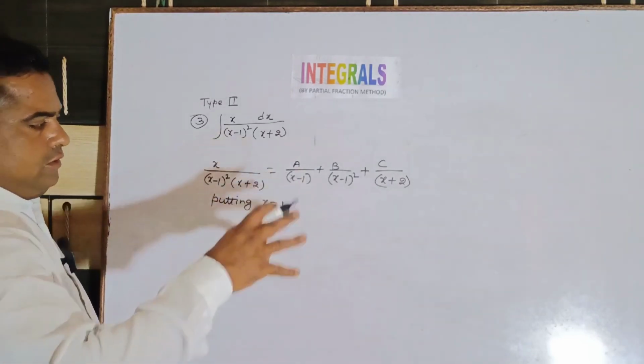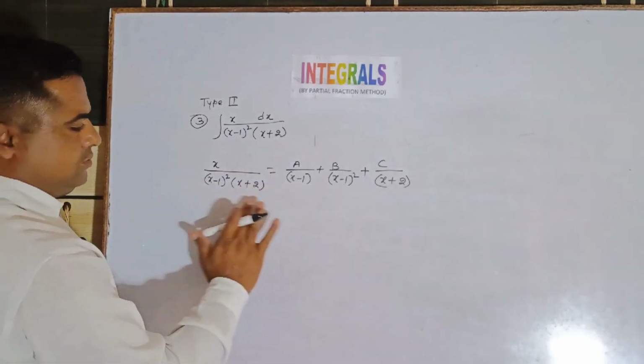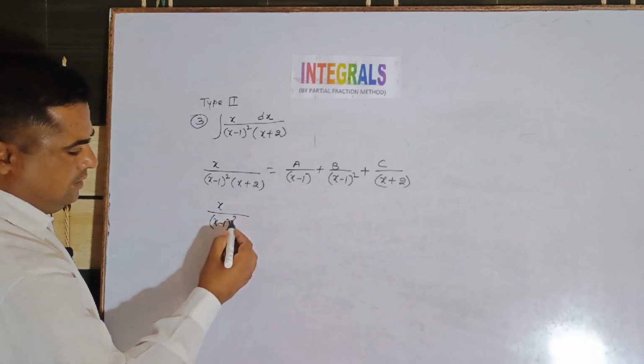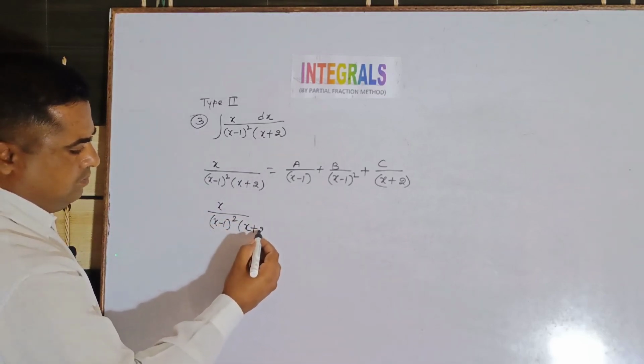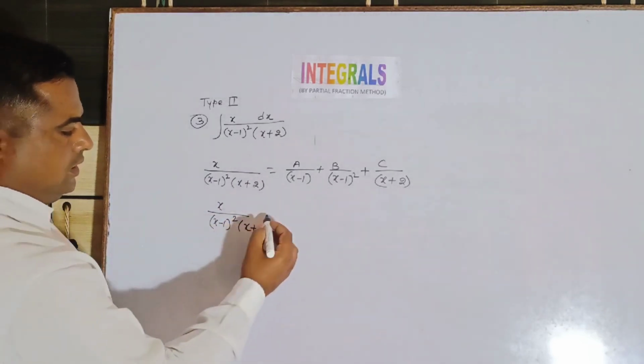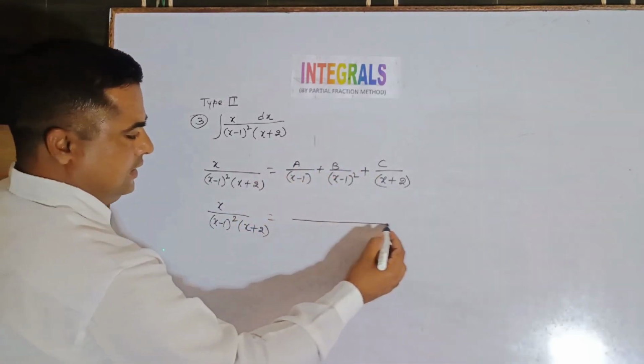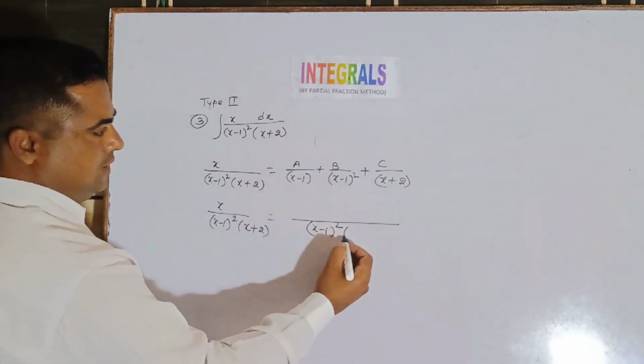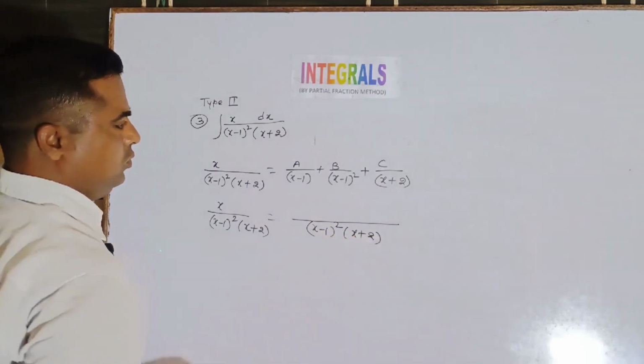But first of all, we will take LCM. LCM of this part. So what is the LCM? x upon x minus 1 whole square into x plus 2, and LCM of all the three denominators. This will be x minus 1 whole square and x plus 2.